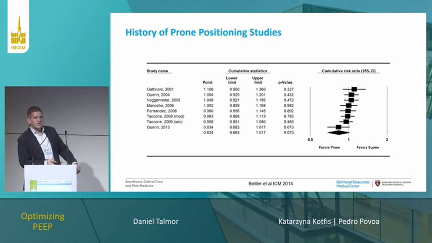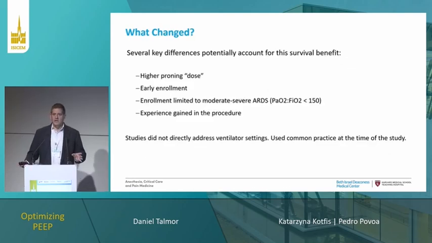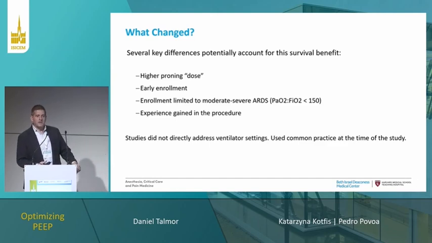So this is a great study in science of how we incrementally learned and studies developed, each one on top of the previous study. So what were the changes that occurred over time? There were several key changes in the studies that were implemented and that probably account for the survival benefit. So we learned to have a higher proning dose. We kept patients in the prone position for longer.